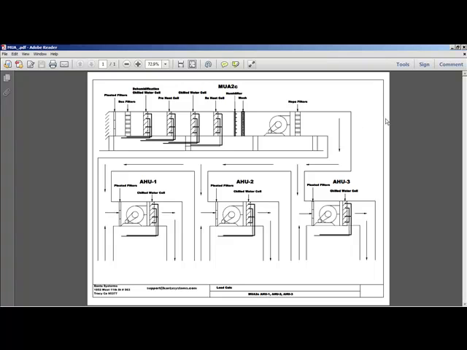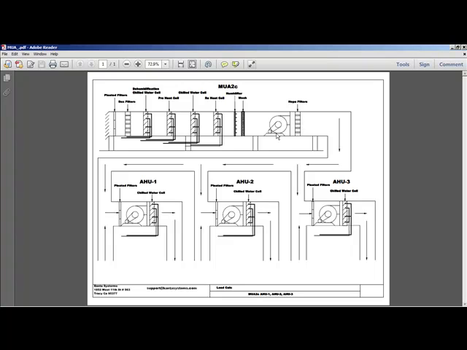So let's take a look at a diagram. In this case, we have makeup air unit number 2C. We're bringing in 100% outside air, going through some pleated box filters, and then we have a dehumidification coil, preheat coil, chilled water coil, then a reheat coil, then a humidifier with some mesh.